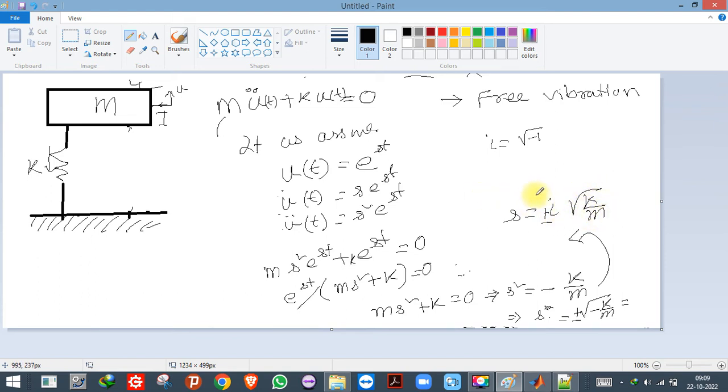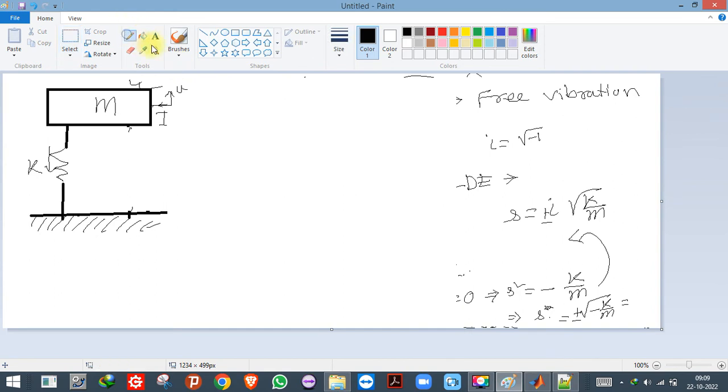Now for linear differential equations with constant coefficients, the solution will be as follows.